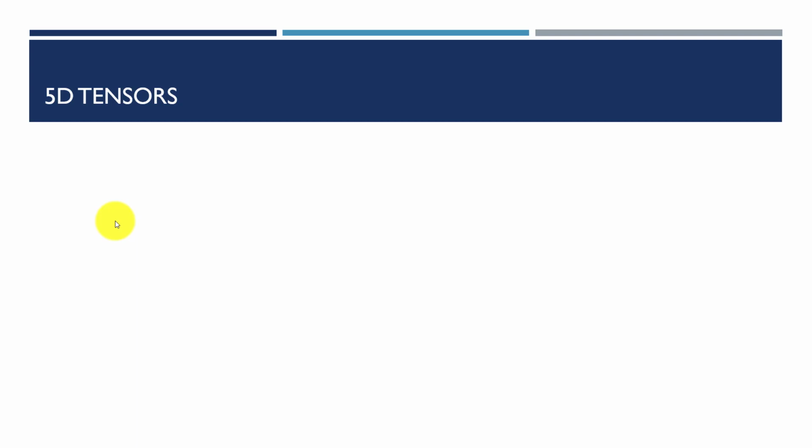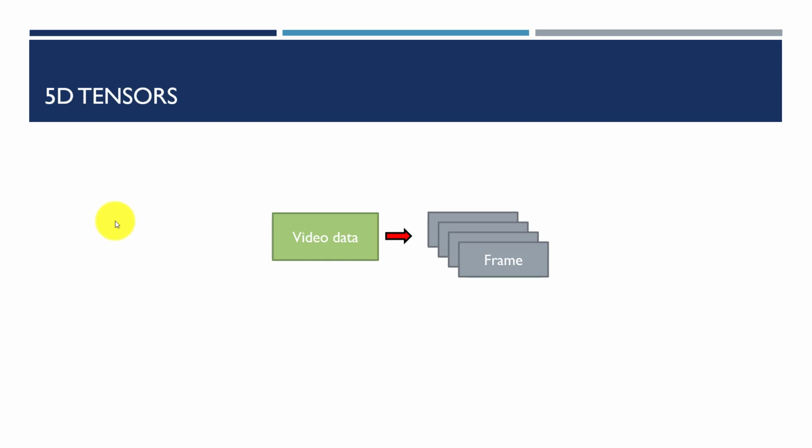Now 5D tensors are basically used when we process videos. Let's see how, for a typical video, say a YouTube video. A video is essentially a list of frames, stacked one by one, and each frame is nothing but a picture or image. So each frame we can think of as a 3D tensor, as we have seen previously.